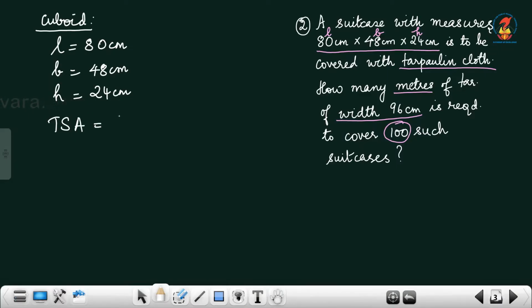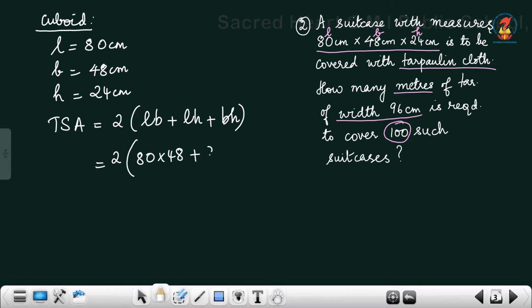TSA is equal to, always write the formula children, 2 into (LB plus LH plus BH). Now you can substitute the values. 2 into (80 into 48 plus 80 into 24 plus 48 into 24). Multiply the numbers, add, and you will get the answer as 13,824 centimeters square.